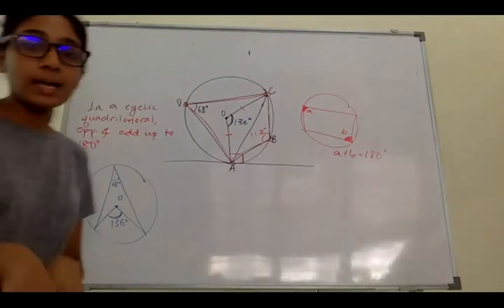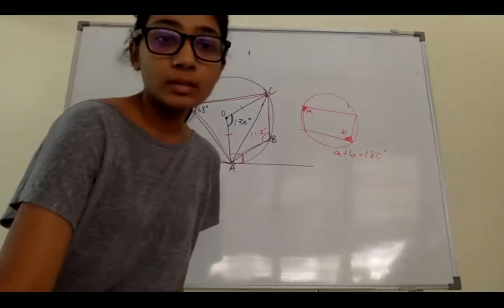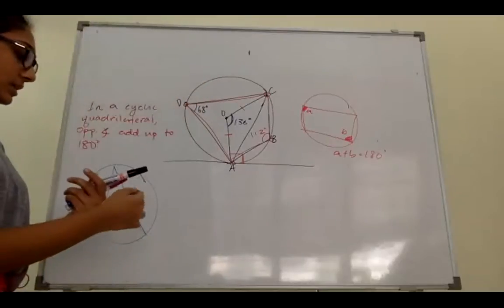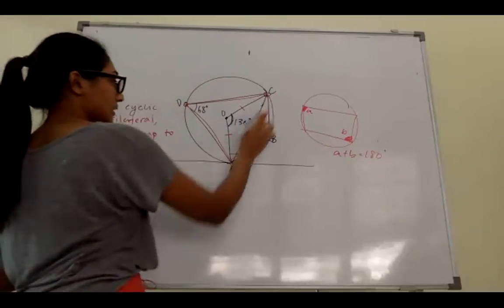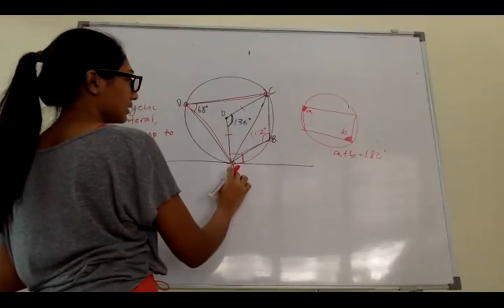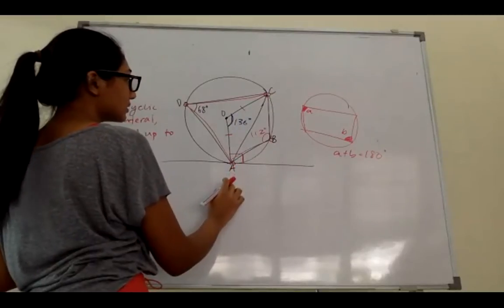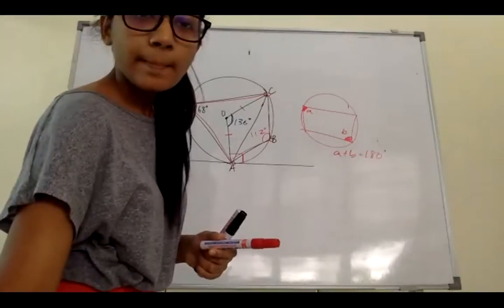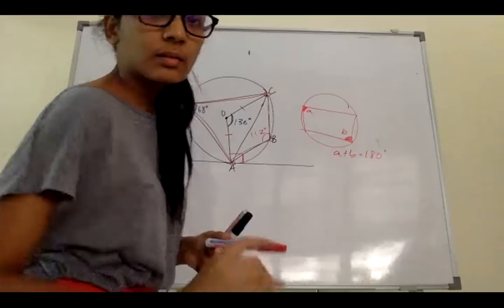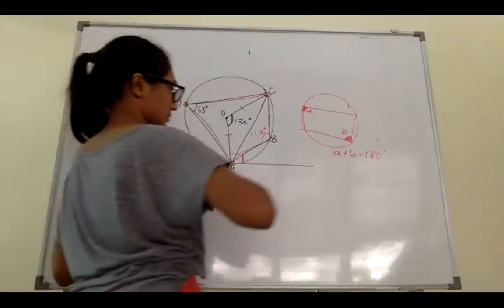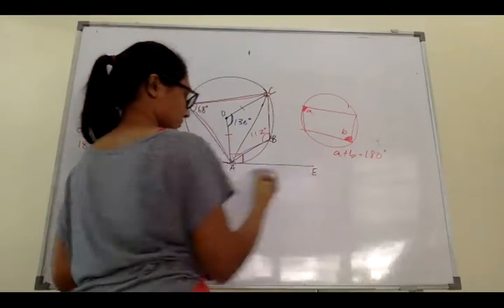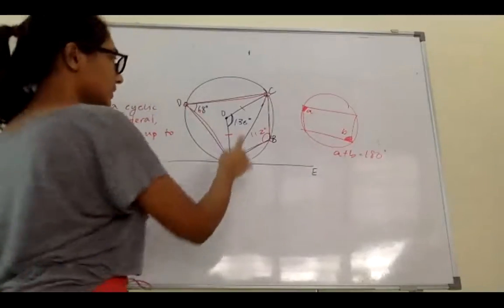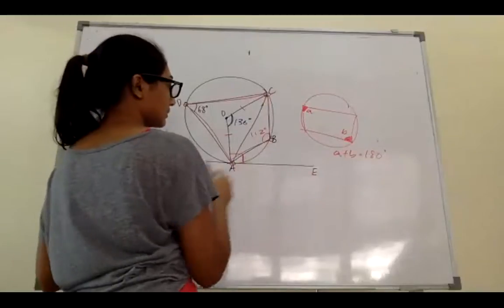Okay, now the last one was angle CAE. So CAE is here. Teacher, you didn't draw E. E is at the uppermost right side, the line. So CAE means this one.